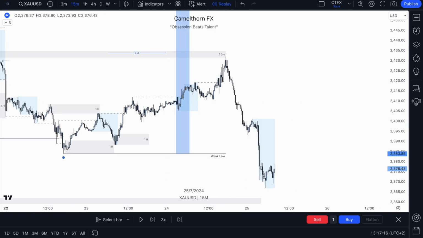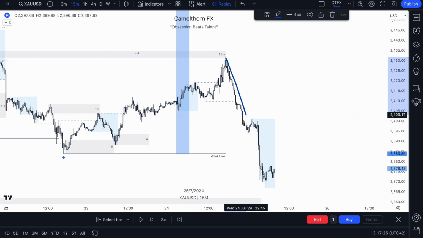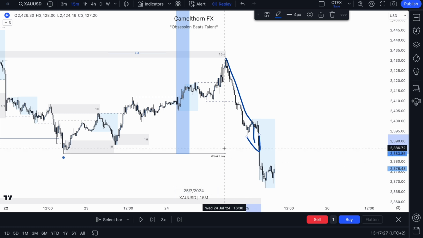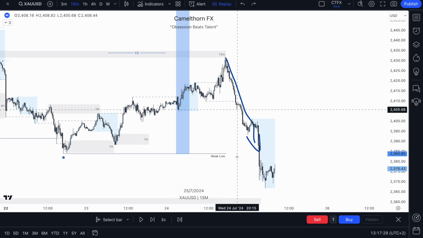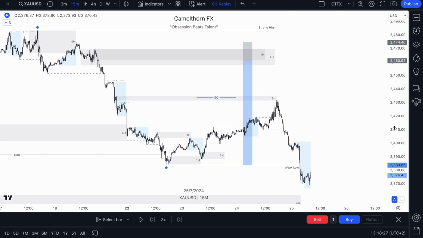We see that the point at which our internal structure shifts from bullish to bearish is this point here. And at that point, our bearish continuation was likely taking place, and price action did indeed end up violating this 15-minute weak low.